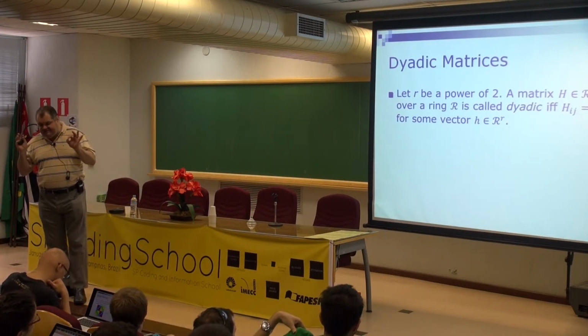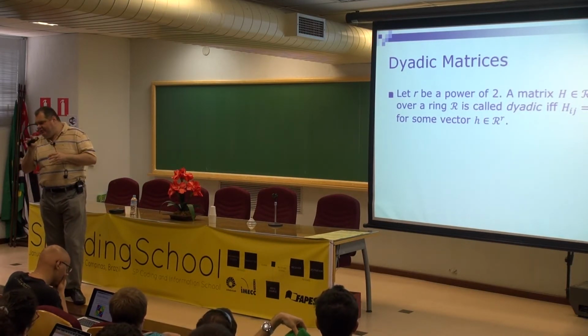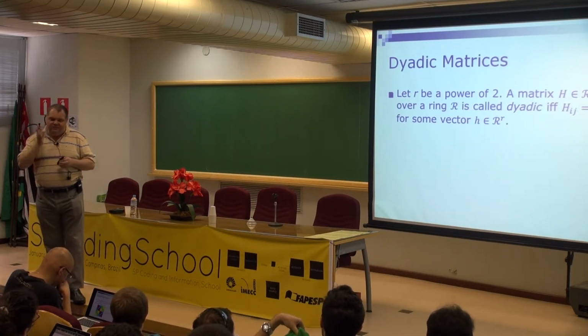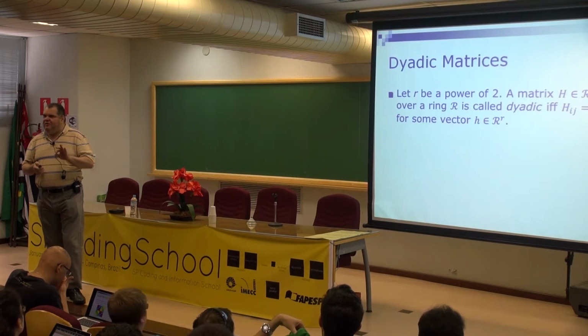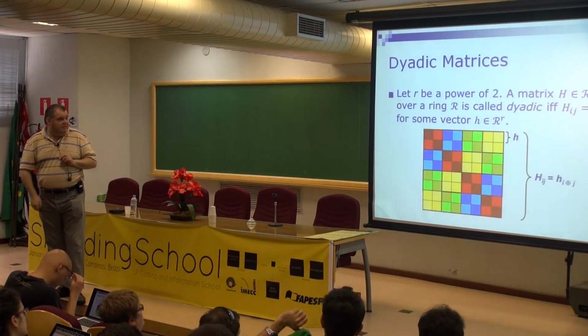So pick the indices, exclusive or the indices, use the result to select an element from a vector, and we get the corresponding element of the matrix.